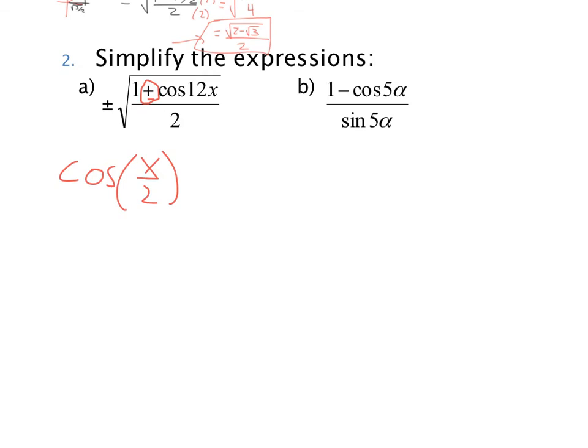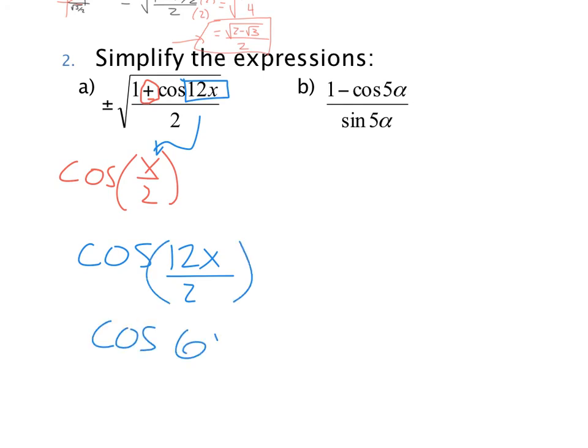Okay, but the thing here is we need to figure out what our x value was. Our x value wasn't just x, it was actually 12x. So I'm going to put that 12x in for that value of the angle. So it's going to be cosine of 12x over 2, which we can simplify to be cosine of 6x.